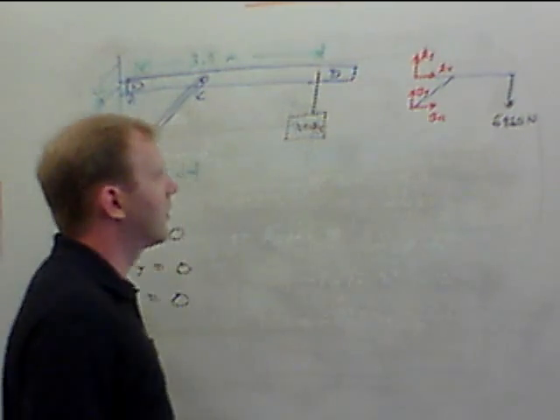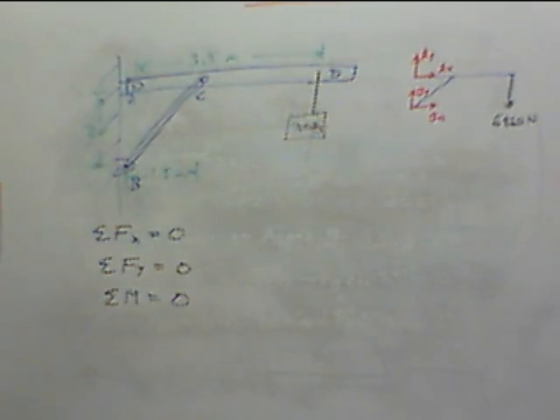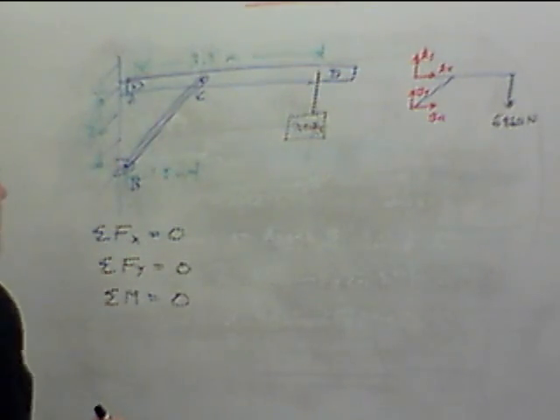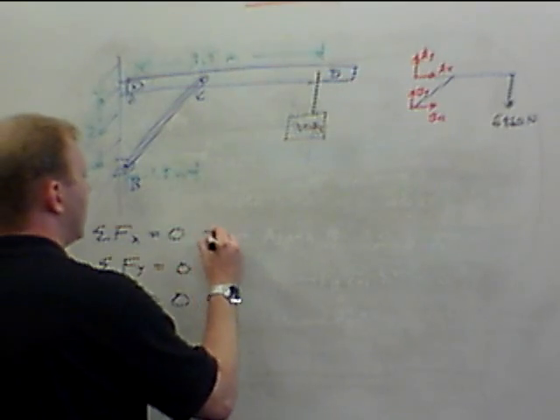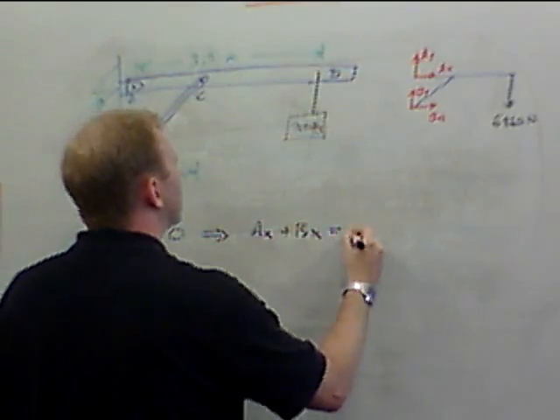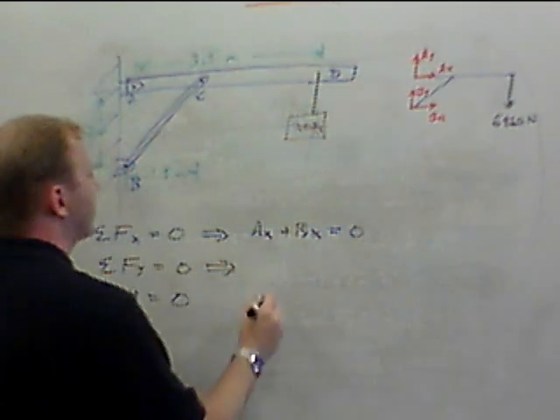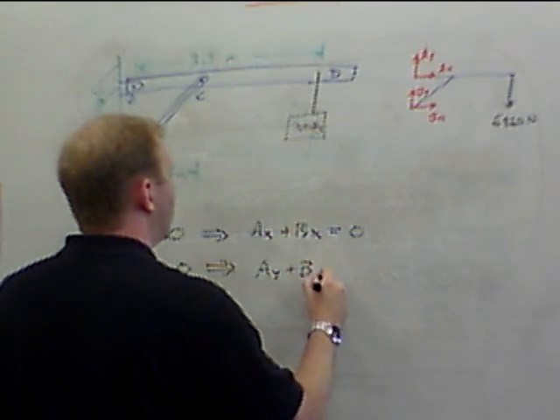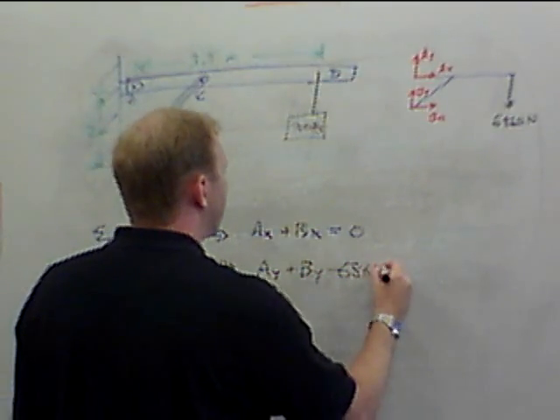Summation of forces in the x tells us that AX plus BX equals 0. Summation of forces in the y tells me that AY plus BY minus 6860 equals 0.